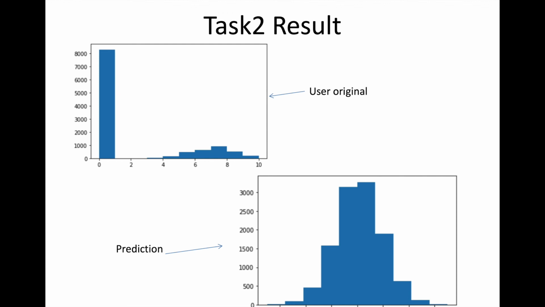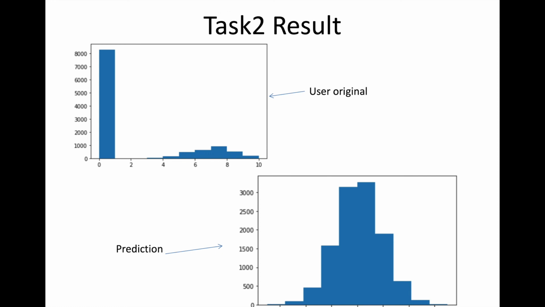So let's see the prediction result. The result is quite similar because there are many ratings centered around 6.5 and 7, but the result seldom covered the ratings over 8.5 and under 4.5.